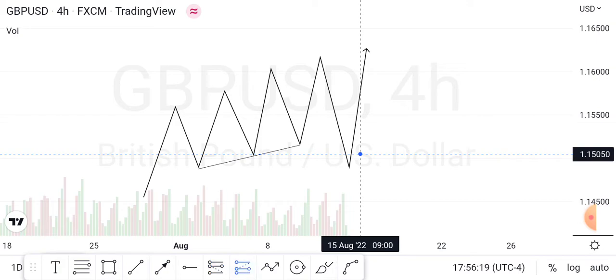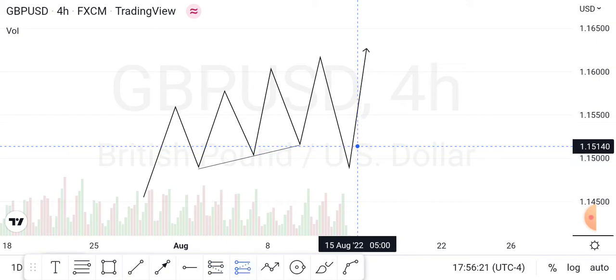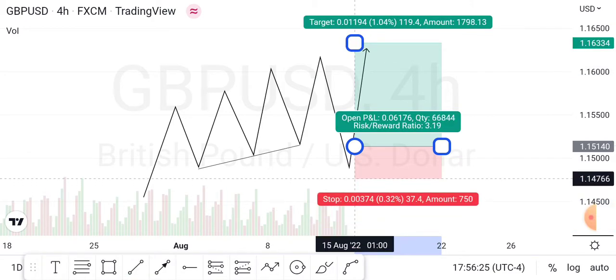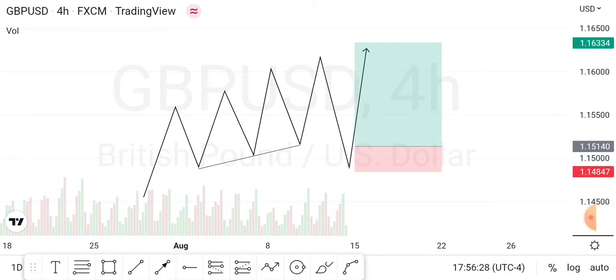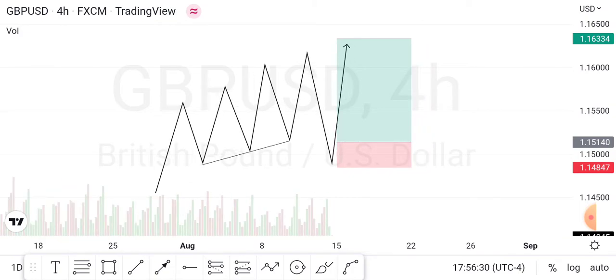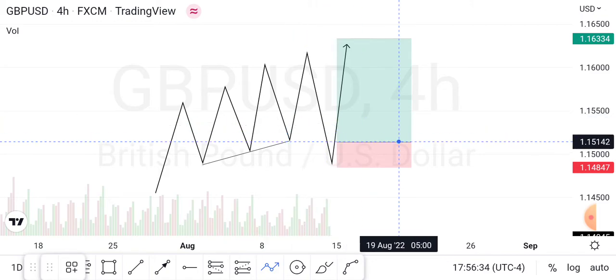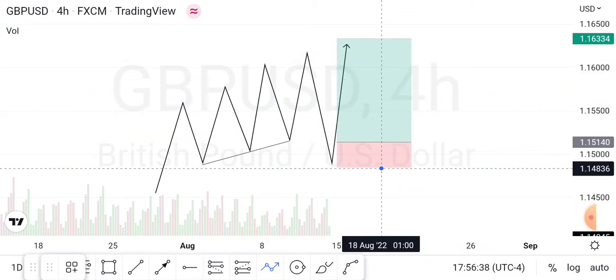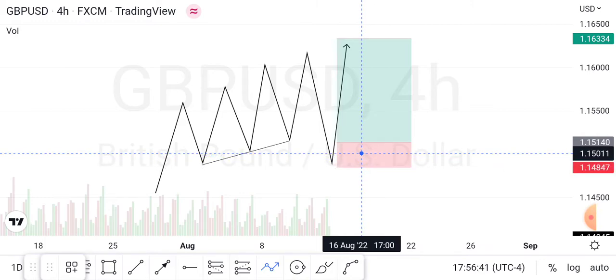Probably there will be an OB here, and they already know we are anticipating for price to retrace to our OB and then move up. So they already know that this is what we are doing.